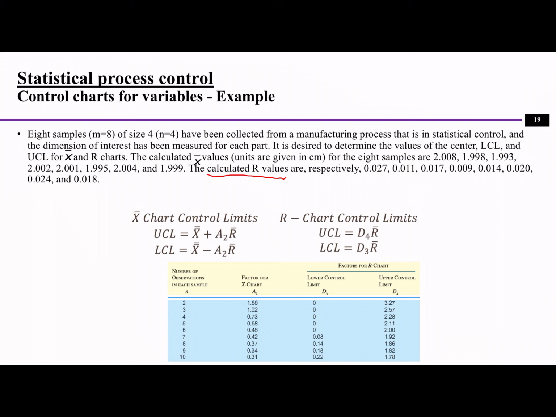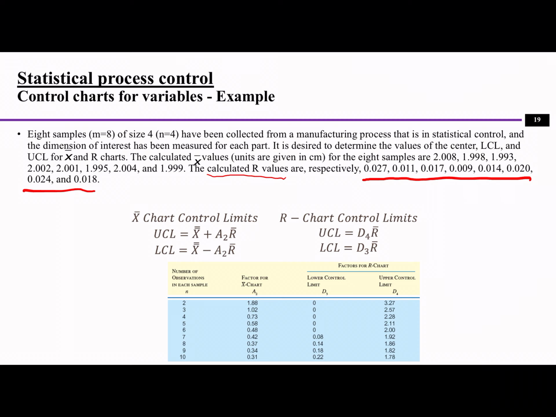How do we do that? Remember, we have the equations. The equation of the X bar chart control limit: upper control limit equals X grand mean plus A2 times R bar. R bar, we can easily calculate as the average of those values. And what about X grand mean?